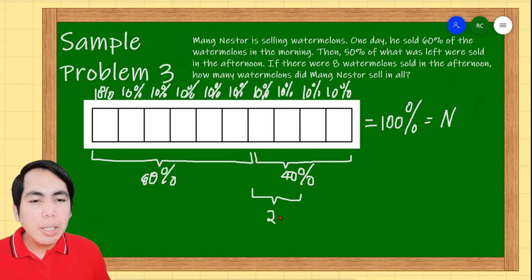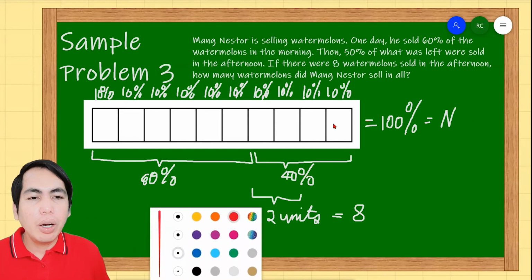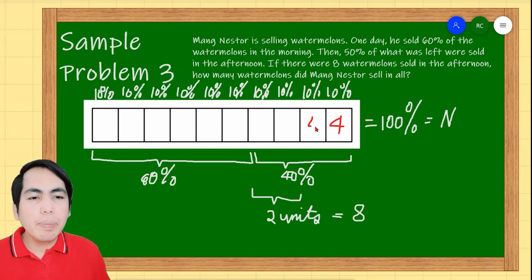So this 2 units is equivalent to 8 watermelons sold in the afternoon. So therefore, to get the value of each unit, we have to divide 8 by 2 to give us 4. So therefore, each unit is equivalent to 4 watermelons.